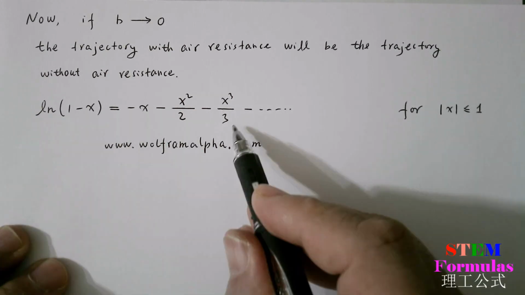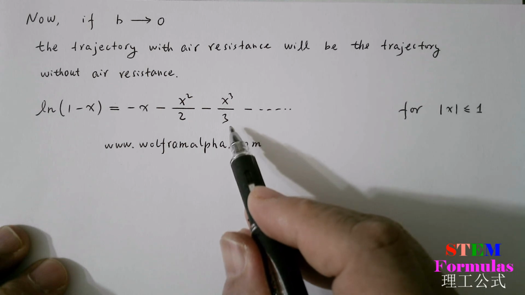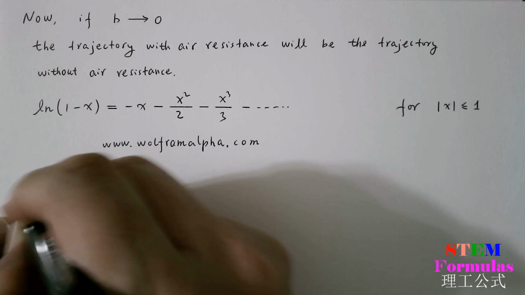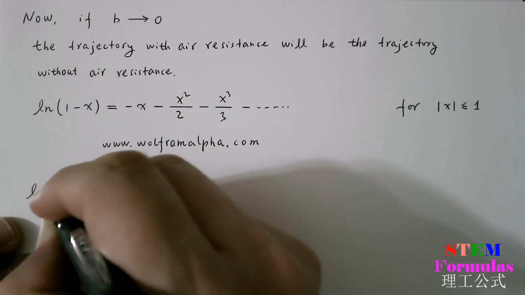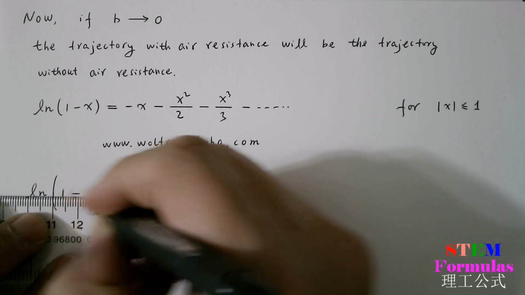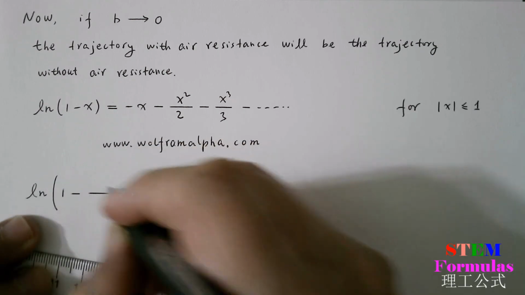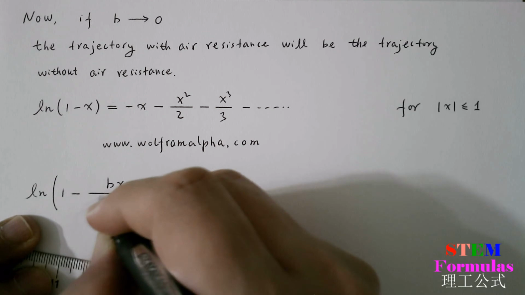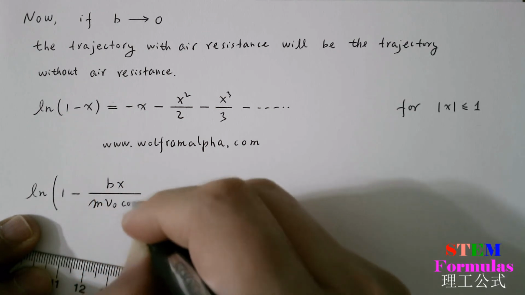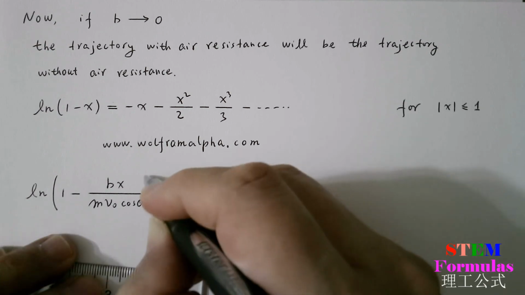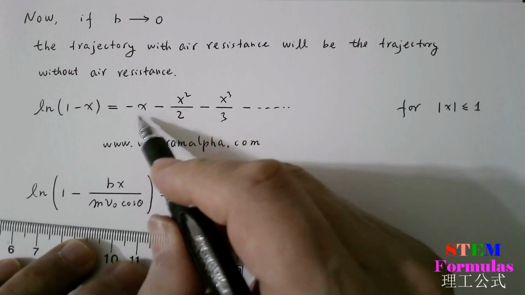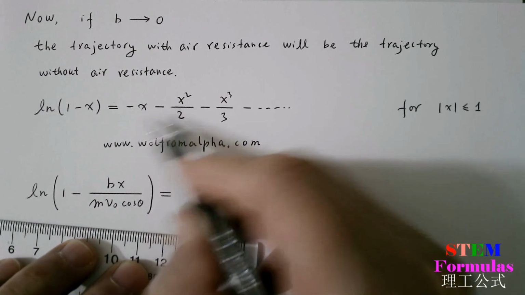When using this expression, we can have the following. Log 1 minus b x divided by m v0 cosine theta equal, we only keep two leading terms.